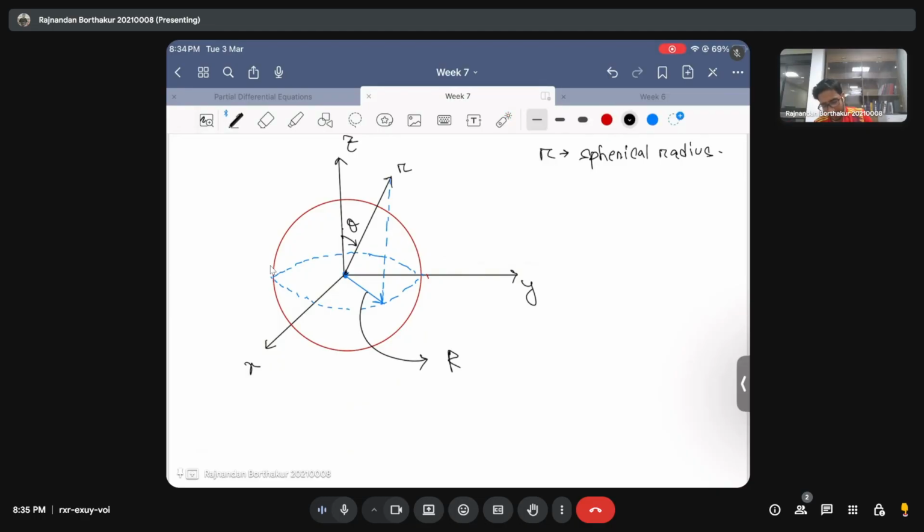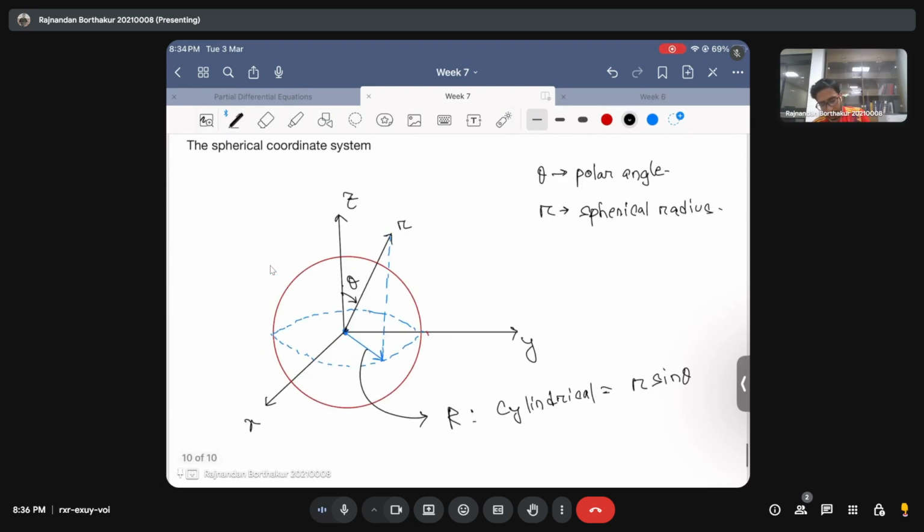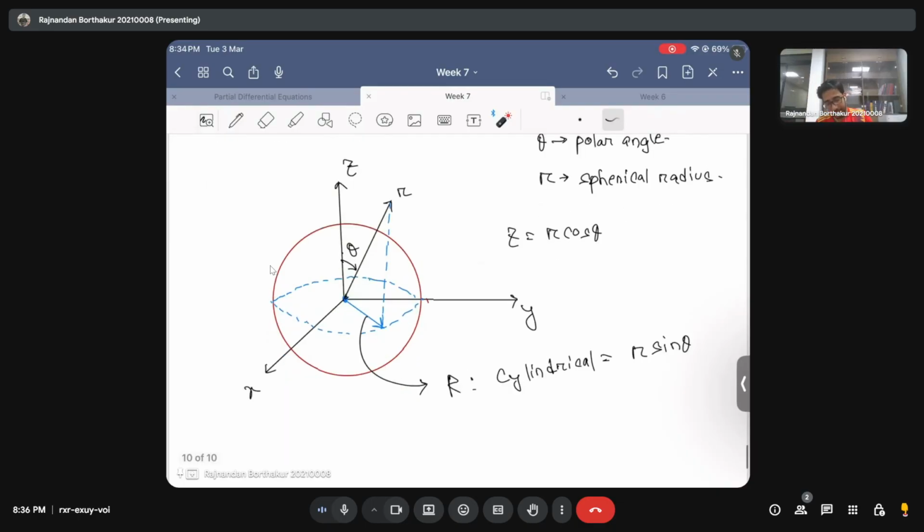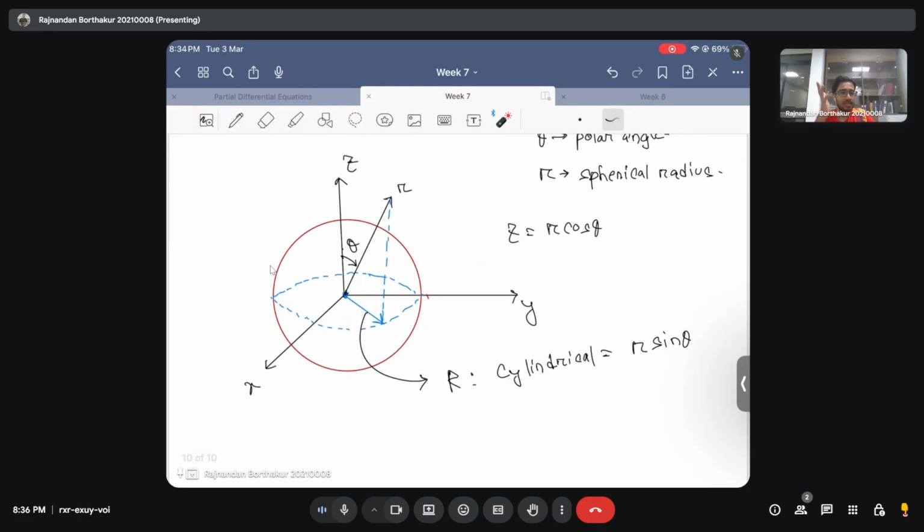So this capital R is your cylindrical radius, and you can say that this is equal to the small r times sine theta. And from here you can also interpret that your z is equal to r times cos theta. So the Cartesian z is equal to the spherical radius times cosine of the polar angle. The cylindrical radius is equal to the spherical radius times sine of the polar angle.